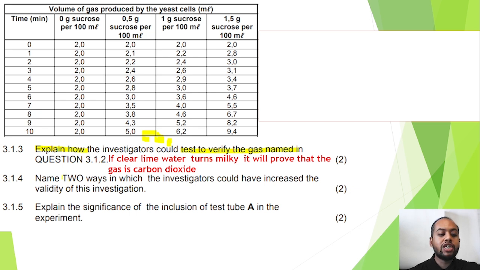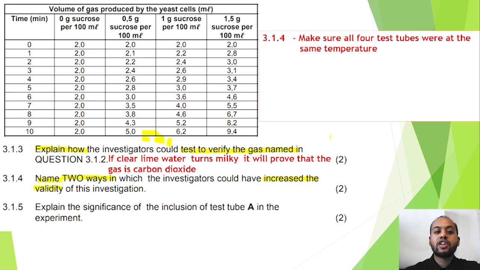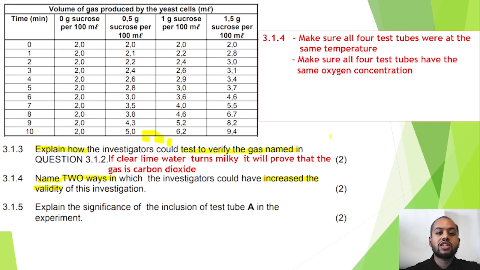3.1.4, we are naming 2 ways in which the investigators could have increased the validity of this investigation. How could the investigators have increased the validity? Firstly, they could have made sure that all 4 test tubes were at the same temperature. Secondly, they could make sure all 4 test tubes have the same oxygen concentration. Why the same oxygen concentration?